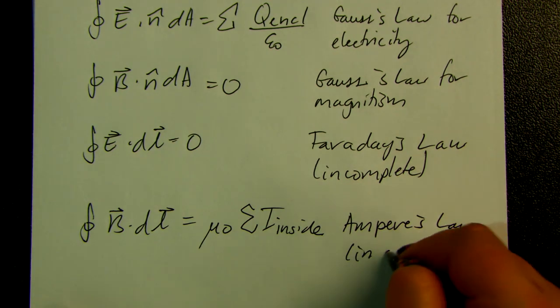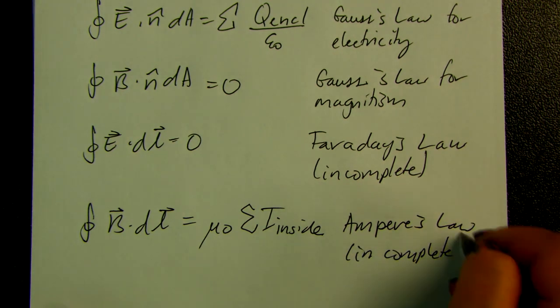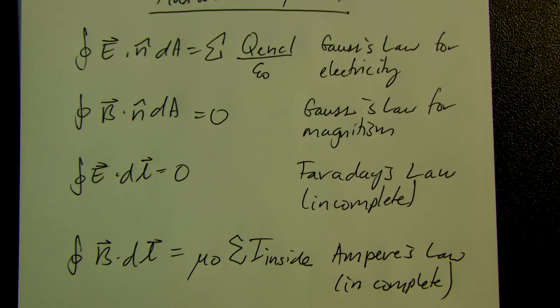And this is also incomplete. We still have some pieces to put into place, but these are the equations, in part, that we have been building towards all semester long. This is the basis of everything we talk about in Physics 2.